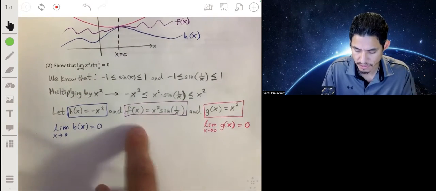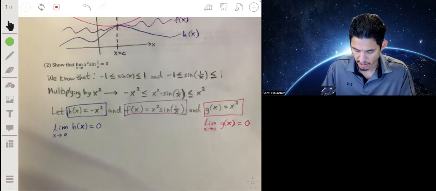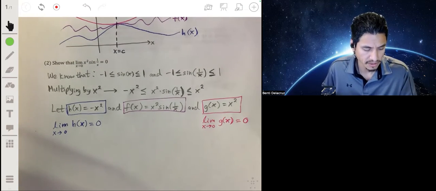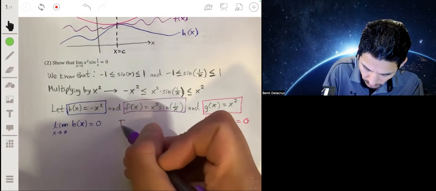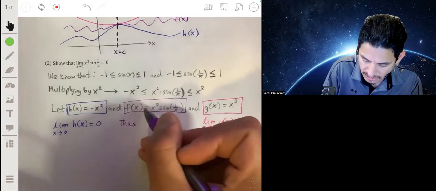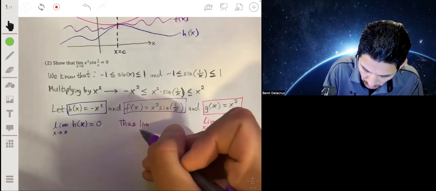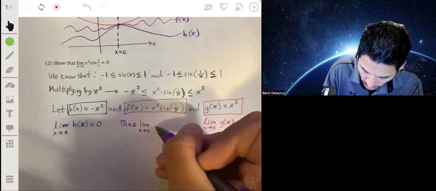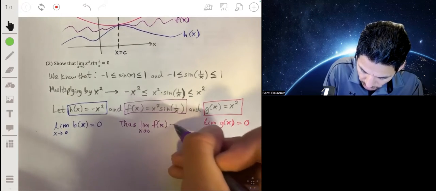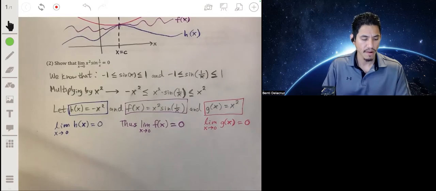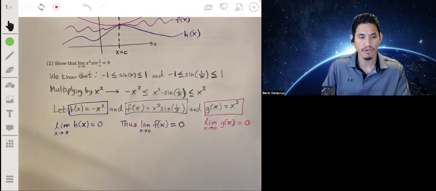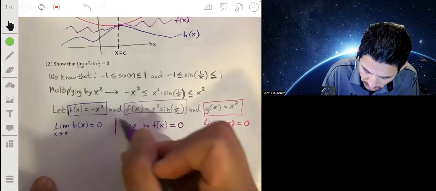And again, since f is between those, we know that the limit as x approaches 0 for f of x will also be 0. And then we're good. That's what we're trying to figure out.